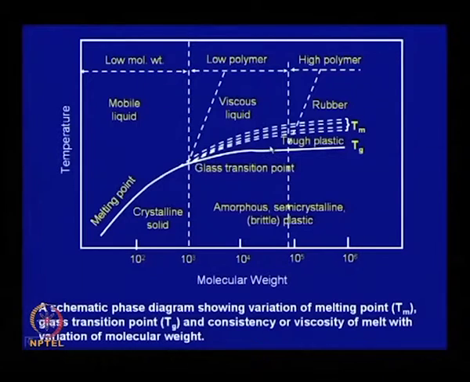This is a kind of phase diagram of these polymer materials, which changes with molecular weight. That means there is a temperature line above which it remains in one phase, below which it remains in another phase.